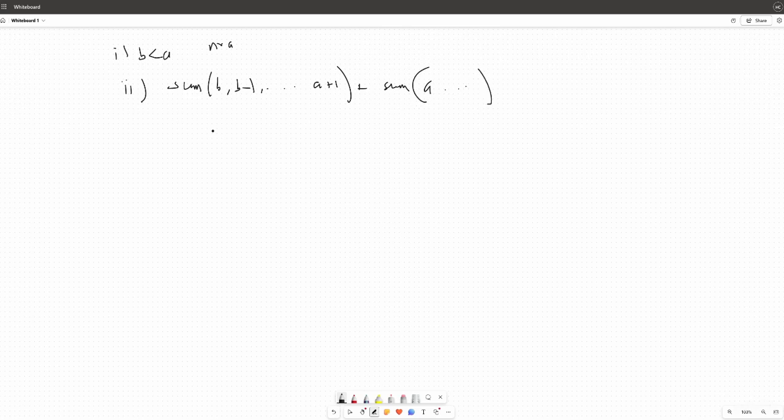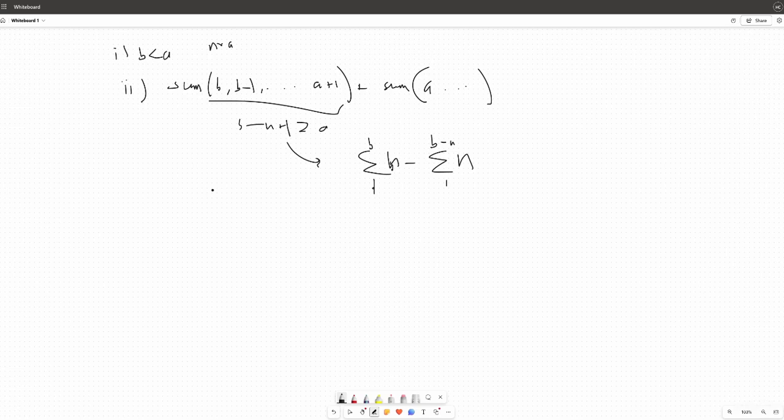And if B is always greater than A, that is B minus n plus 1 is greater than A, then the sum will be summation of n from 1 to B minus summation of n from 1 to B minus n.